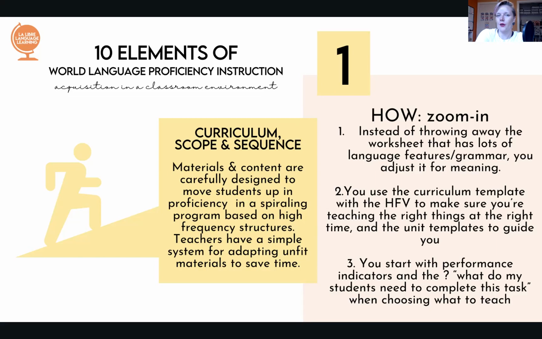So what we put in our curriculums is very crucial. In curriculum, scope, and sequence, the important part that we're trying to get to with this one here is that all of our materials and content are carefully designed to move students up in proficiency in a spiraling program based on high frequency structures. It means that we're following the natural patterns of language acquisition.